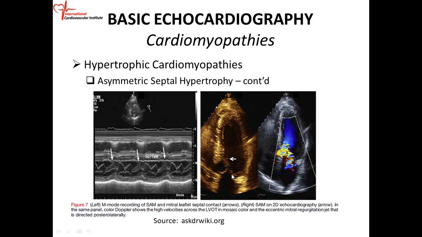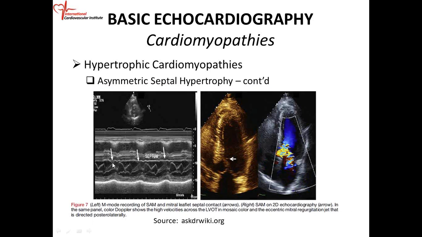In systole, the mitral valve moves to the septum. Remember that blood leaves the LV cavity in systole through the left ventricular flow tract and across the aortic valve. So if this is occurring in systole, then blood cannot get out of the heart. So when you do your gradient across the left ventricular flow tract, it's going to be tremendous. Again, this is septum and SAM.